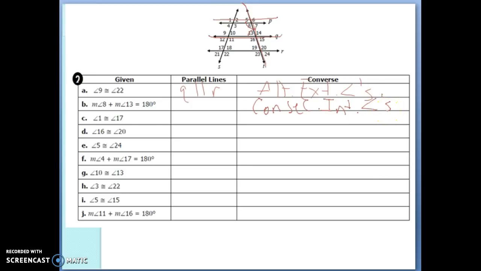They're in between P and Q, so P is parallel to Q because of our consecutive interior angles converse.